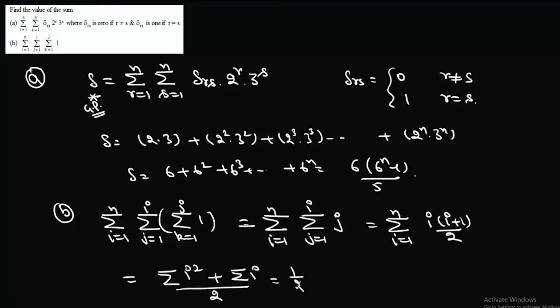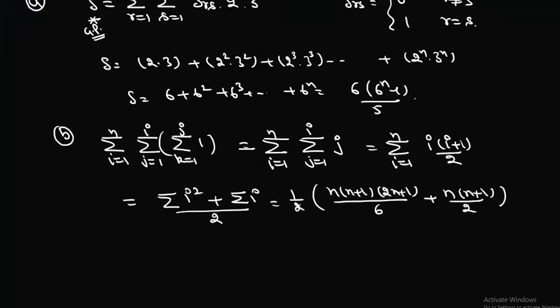Now summation i square is n into n plus 1 into 2n plus 1 by 6, and summation i is n into n plus 1 by 2. Now what we'll do is take n into n plus 1 by 12 common, and here we'll have 2n plus 1, and here will be simply 3.